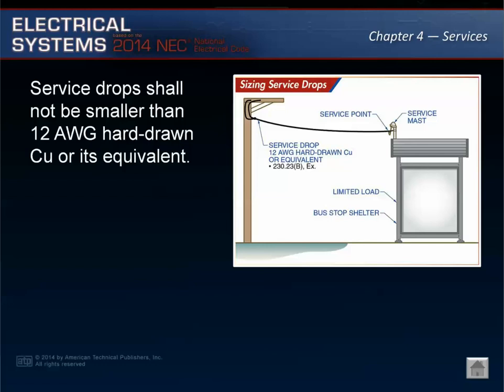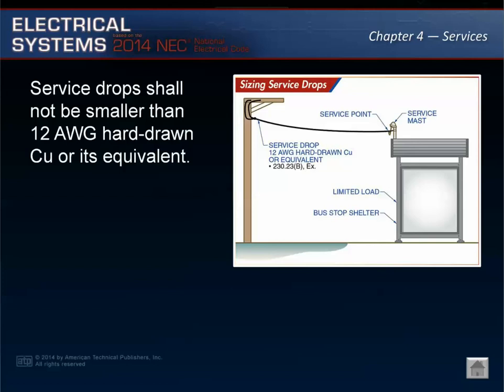Likewise, overhead service conductors are sometimes subject to long spans, which also increase the stress on the conductors. For this reason, Article 230.23(B) sets a minimum size of number 8 copper, number 6 aluminum, or copper-clad aluminum, for most overhead service conductors.